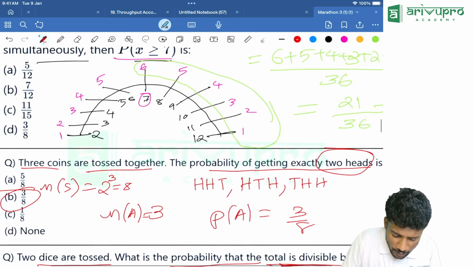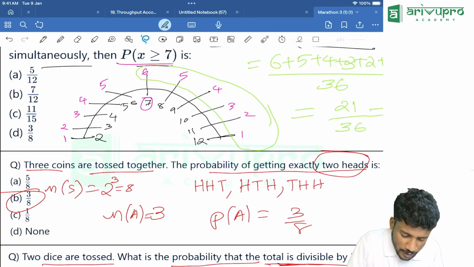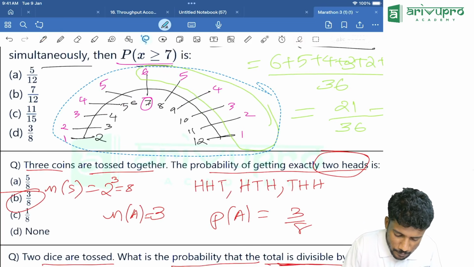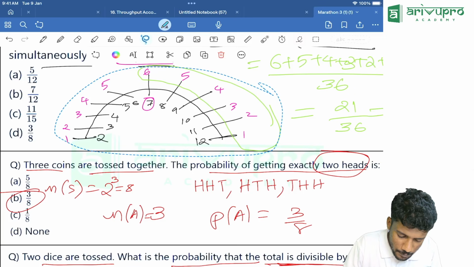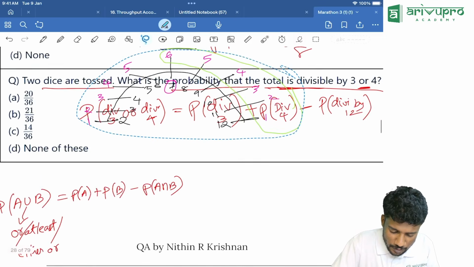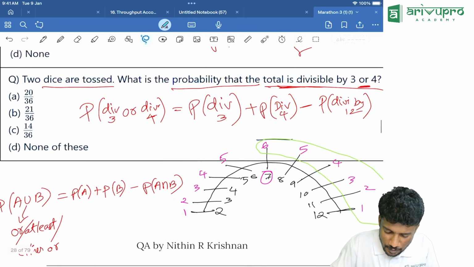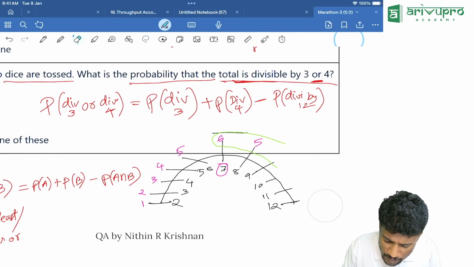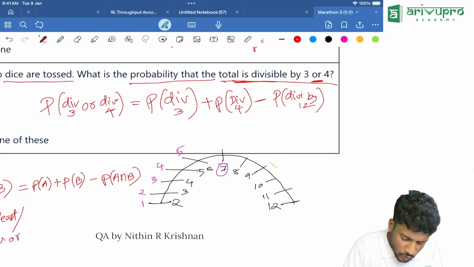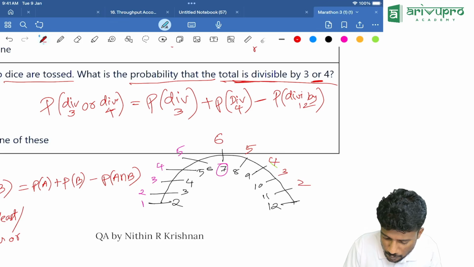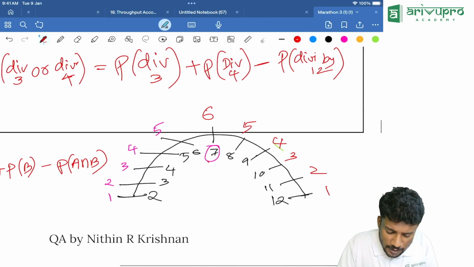Now people, you remember our drawing? I'll take the same drawing so that it will be easy for you to understand. Now if you look here, what are the numbers which are divisible by 3?